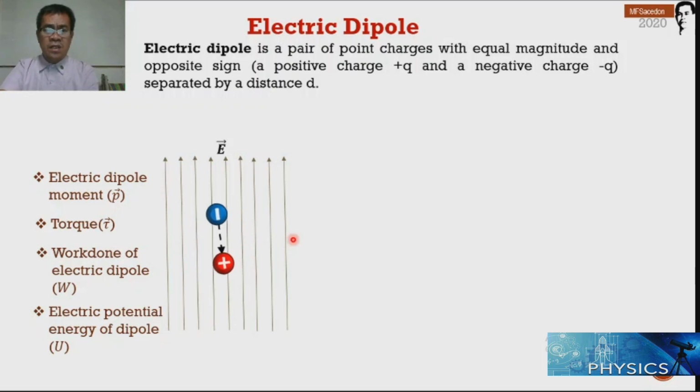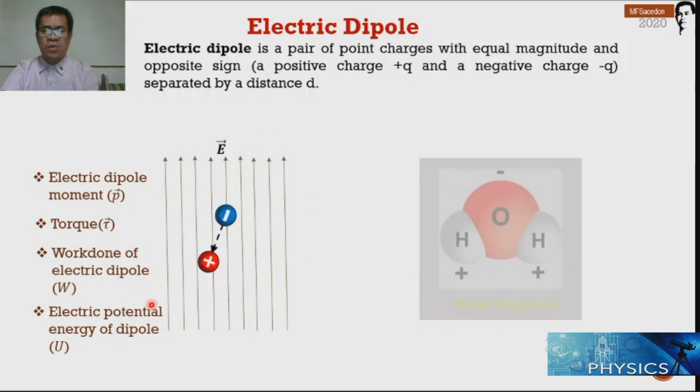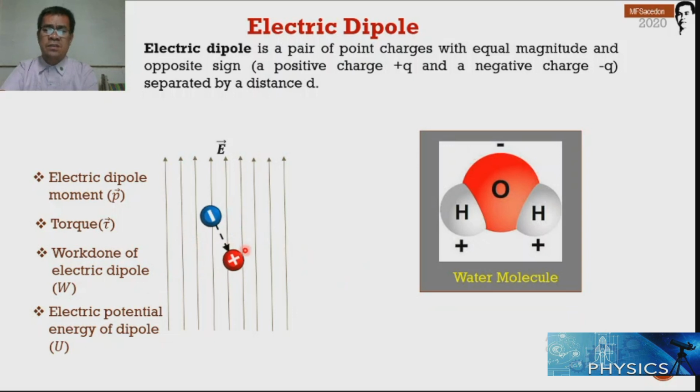Now, why do we need to study an electric dipole? The answer is that the electric dipole moment is very important in our everyday life because we always use water, and water is a kind of electric dipole. It has two hydrogens and one oxygen.